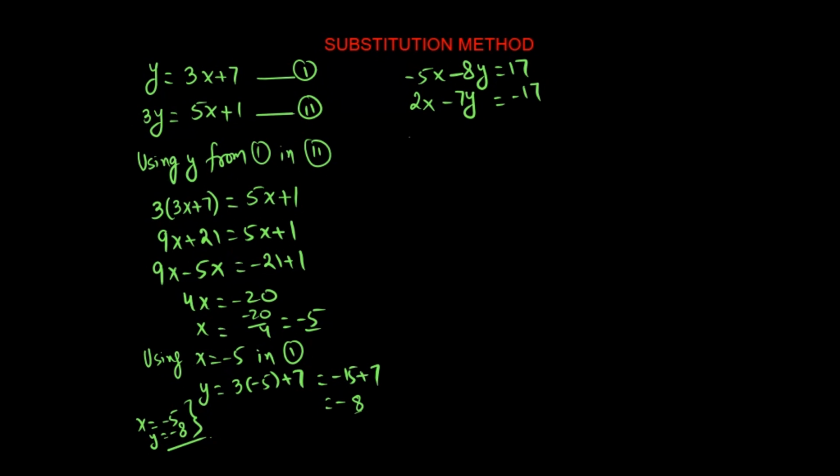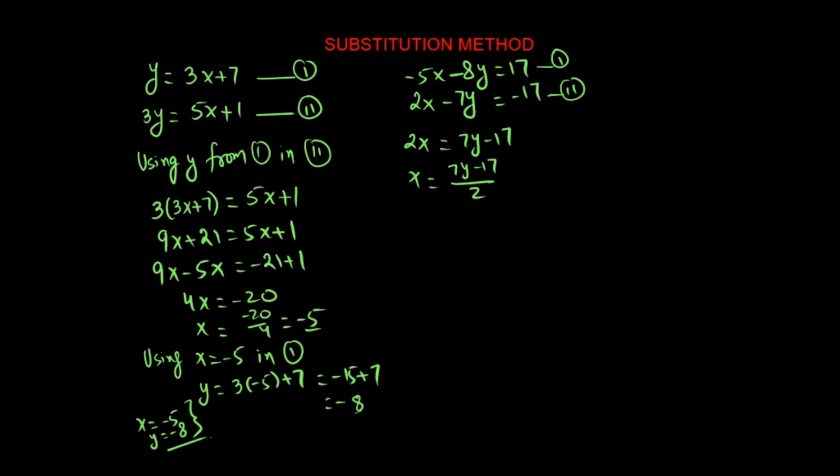I have 2x minus 7y equals minus 17, so 2x would be 7y minus 17, and x would be 7y minus 17 over 2. This is equation 3. And now I will plug this x into the first equation.